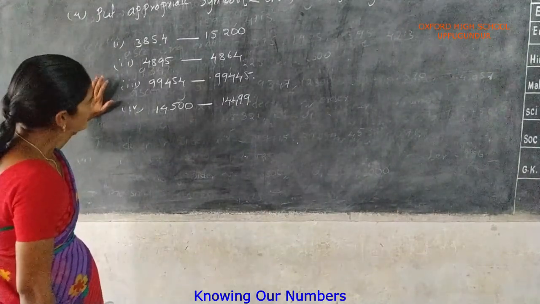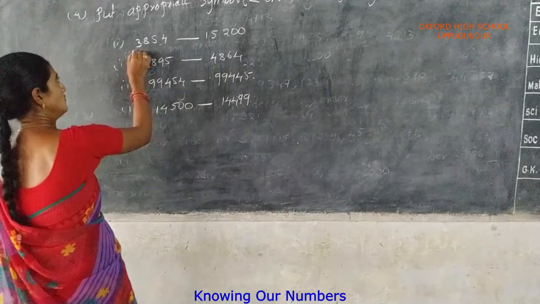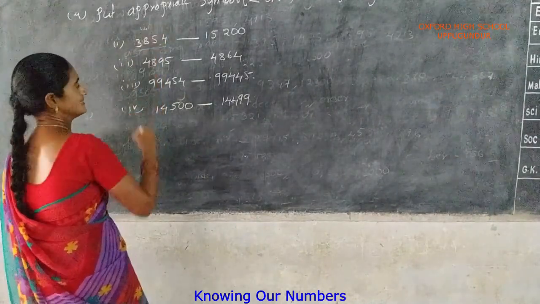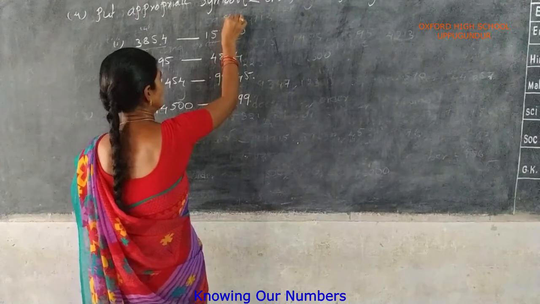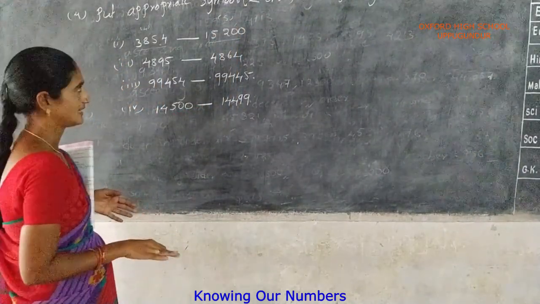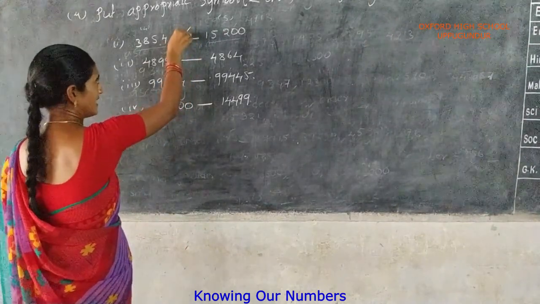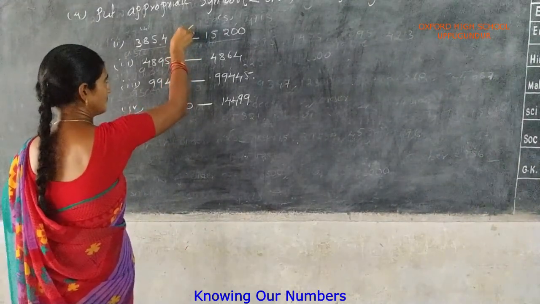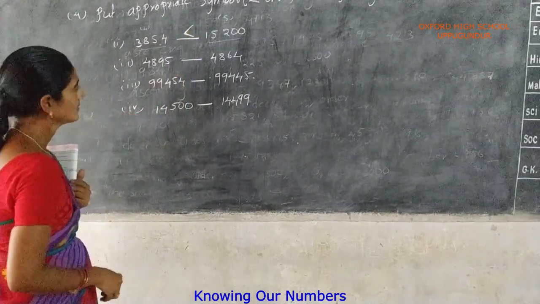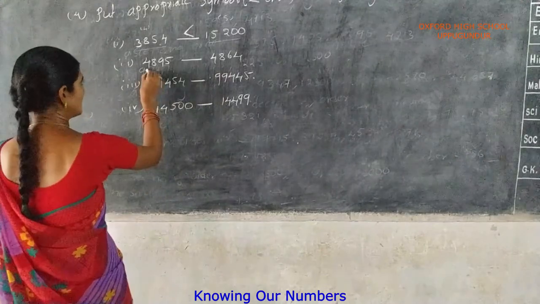First, less than or greater than is a symbol. This one 4-digit number. This one 5-digit number. Which is greater? This one is less than. Next, 4-digit number, 4-digit number.